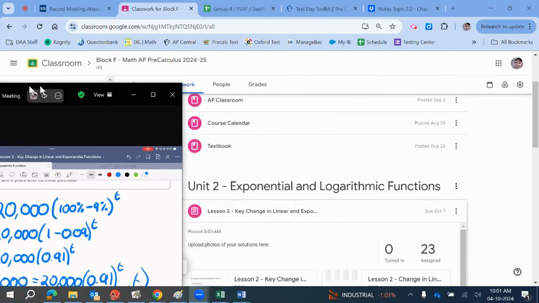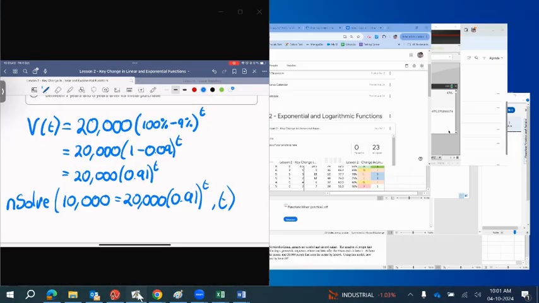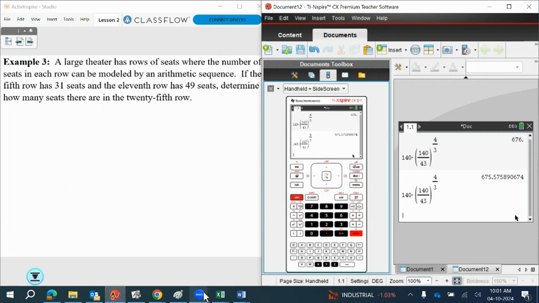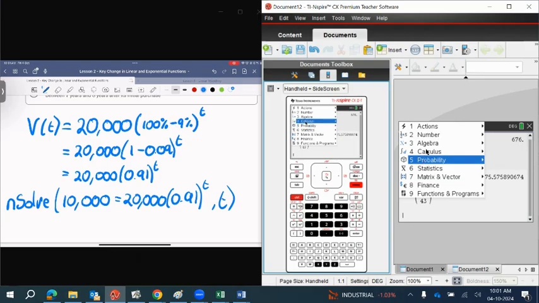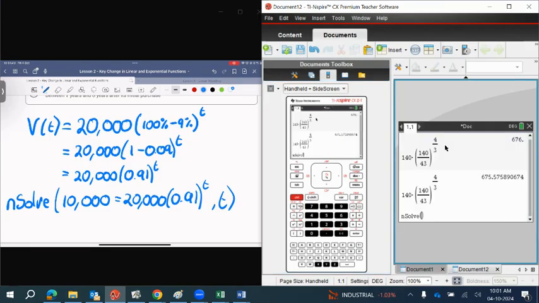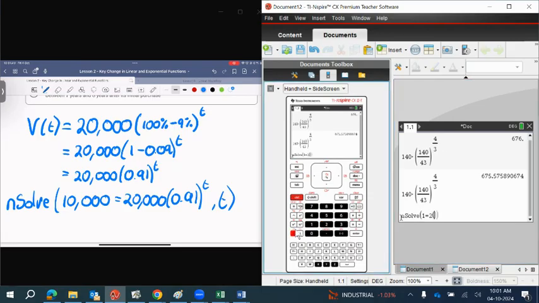So just doing that on the calculator: menu, algebra, nsolve. I don't have to write 10,000 and 20,000, I can put 1 equals 2 multiplied by 0.91 to the power of t, solve for t.